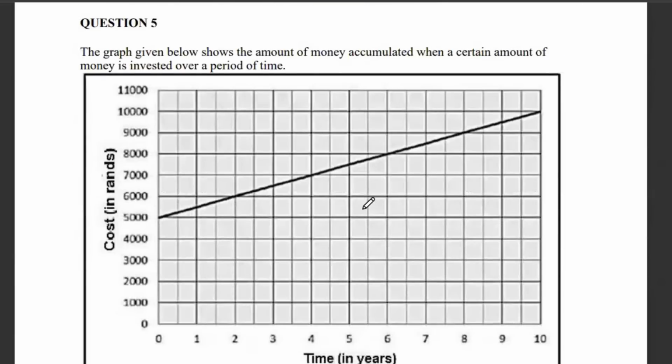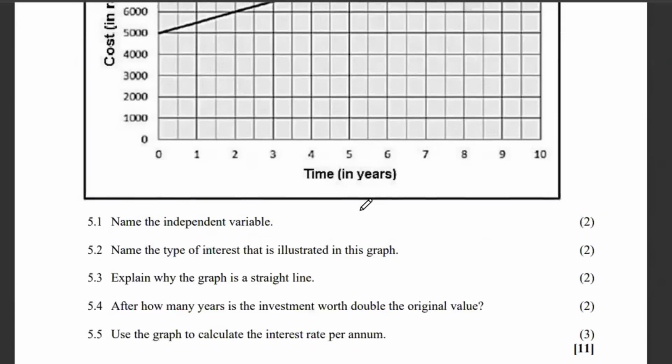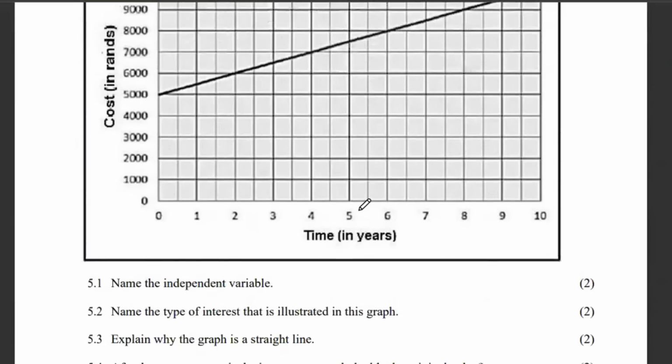The graph below shows the amount of money accumulated when a certain amount of money is invested. It asks what the independent variable is, and the independent variable is the time in years. However, the cost in rands, what you get, will depend on the time.